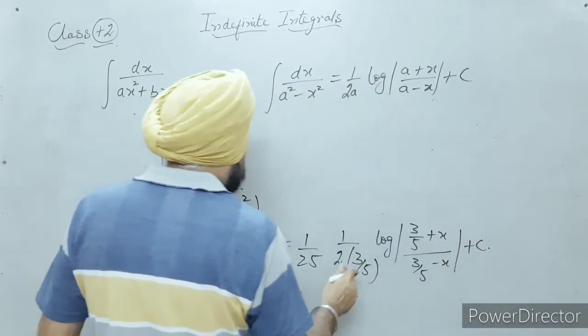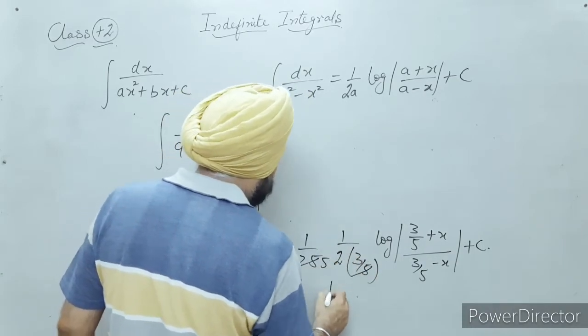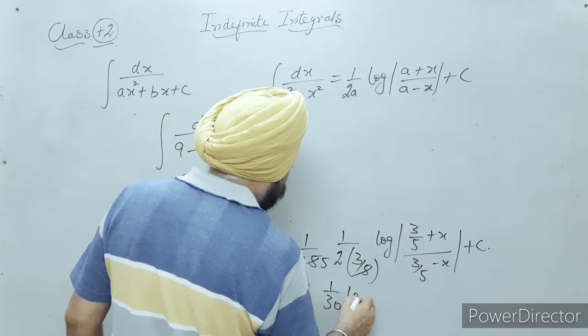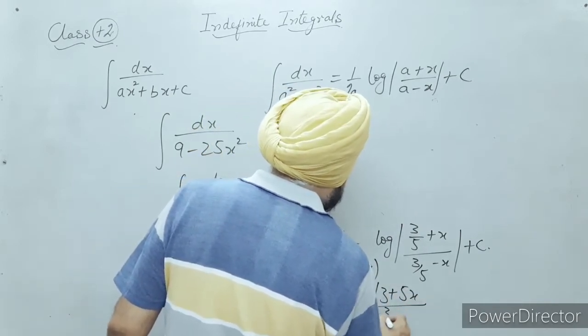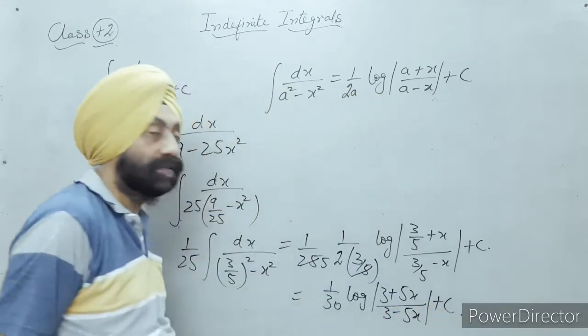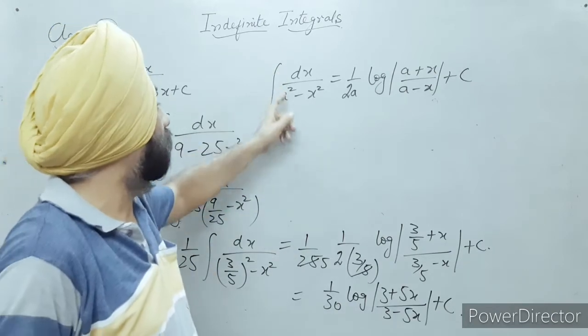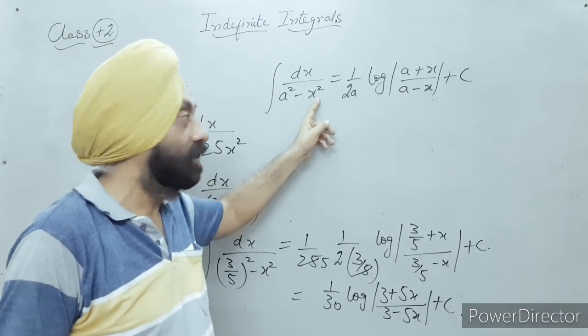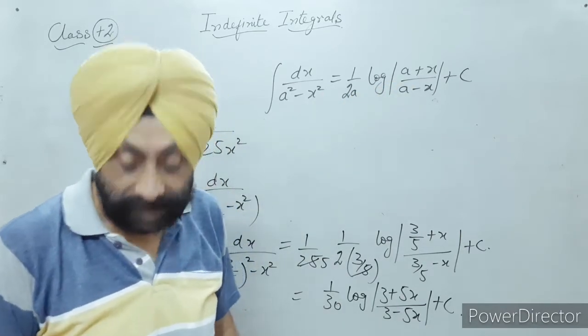This simplifies to 1 by 30 log of 3 plus 5x upon 3 minus 5x plus c. This is the answer. We have used the formula dx upon a square minus x square, that is 1 over 2a log of a plus x upon a minus x.